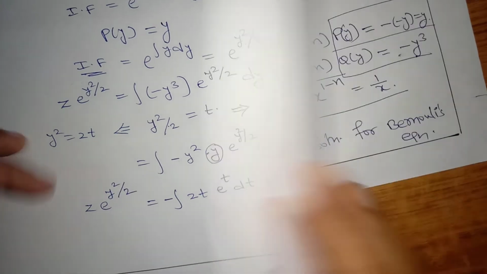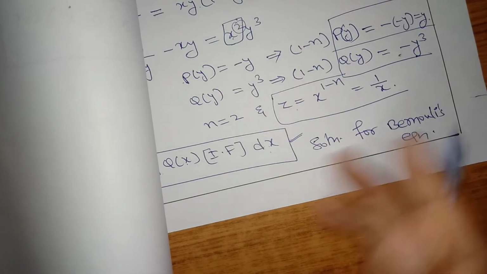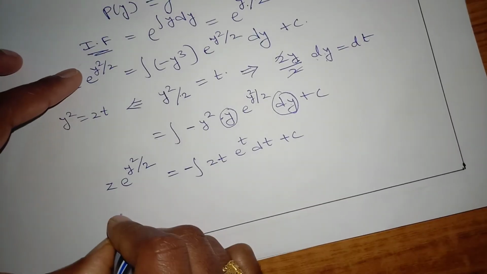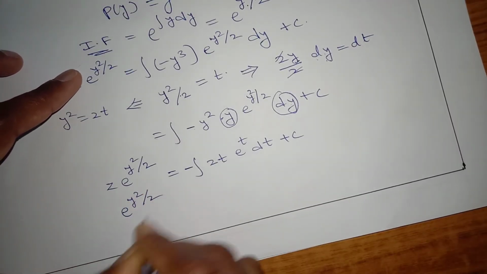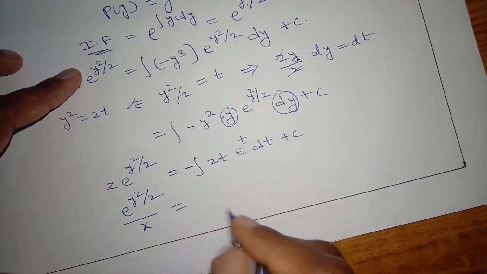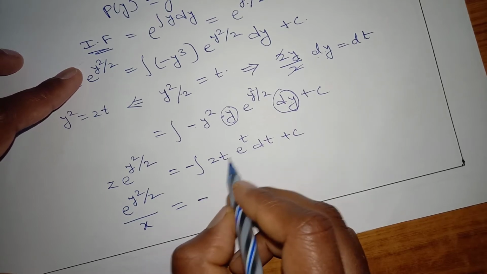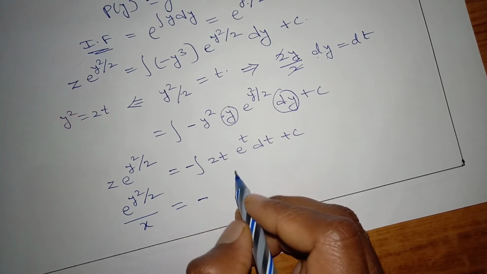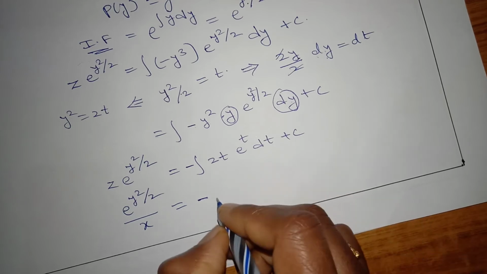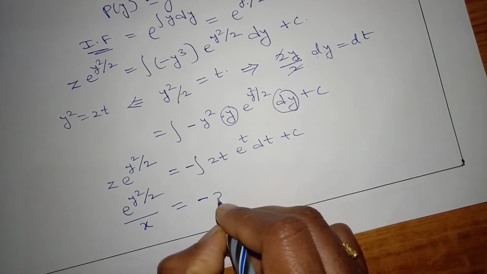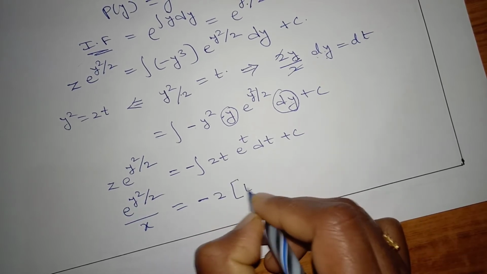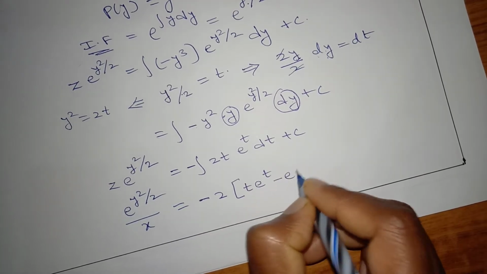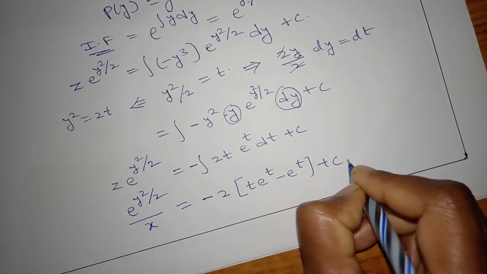What is z? We have solved for z. This is 1 by x. So e power y square by 2 by x equals minus, now integrating this equation, we will have minus 2 into t e power t minus e power t plus c.